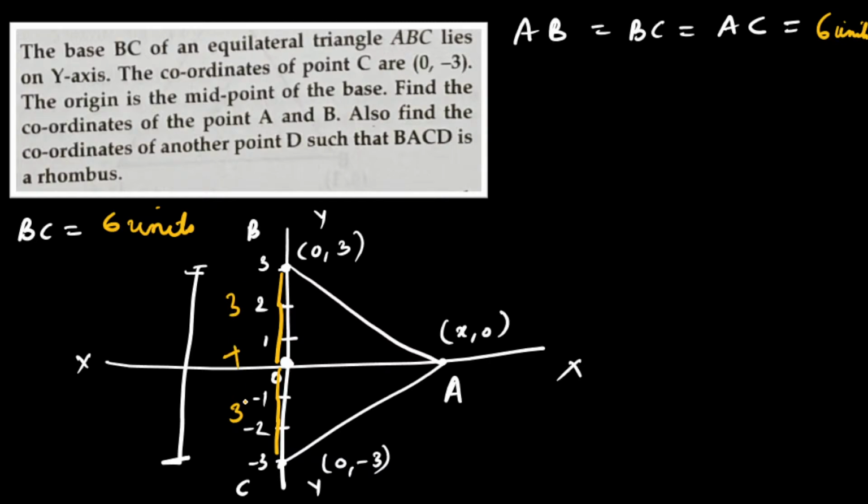So 3 plus 3 is 6 units, the base is 6 units. If BC is 6 units, all the other sides are also equal to 6 units. Is it clear to everyone how we got BC equals 6?